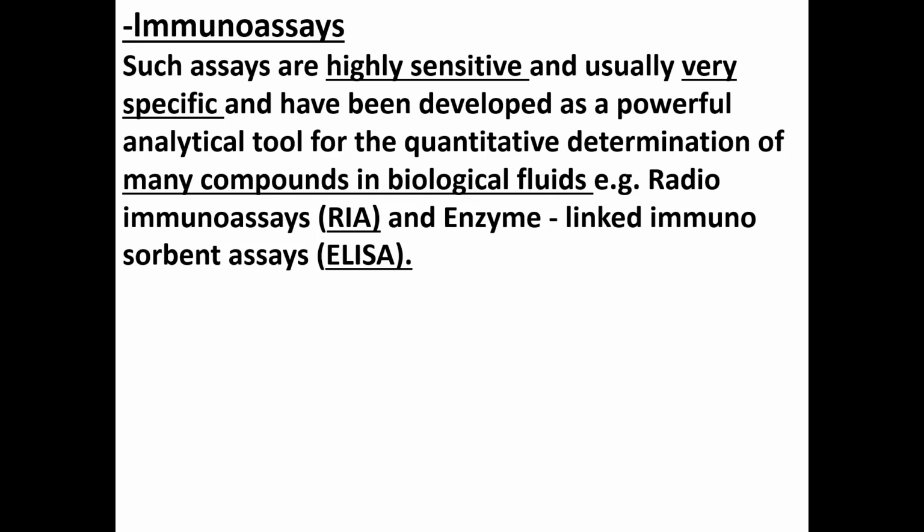Immunoassays were also used to estimate particular compounds. They are marked by being highly sensitive and very specific, such as radioimmunoassay and enzyme-linked immunosorbent assay. They are basically used for quantitative determination of many compounds in biological fluids.